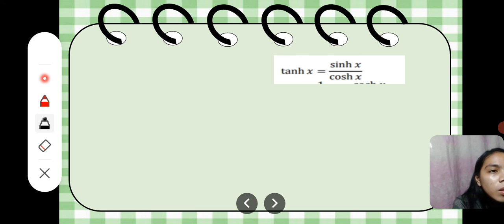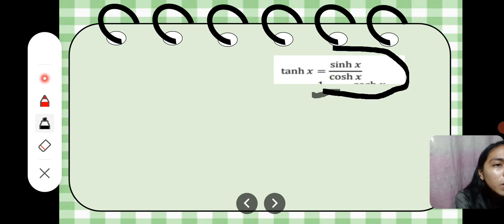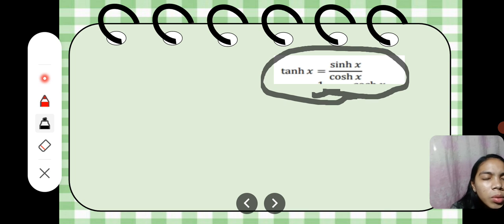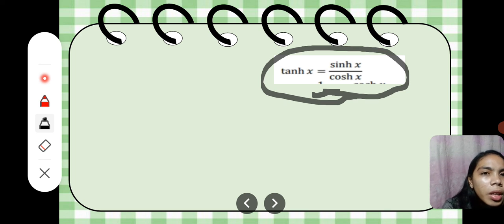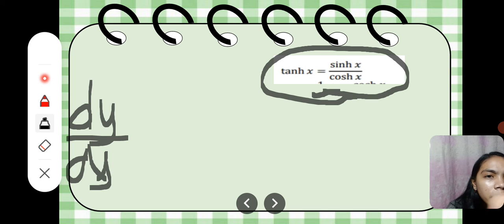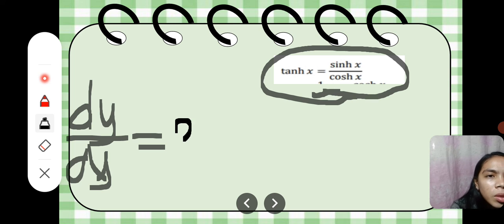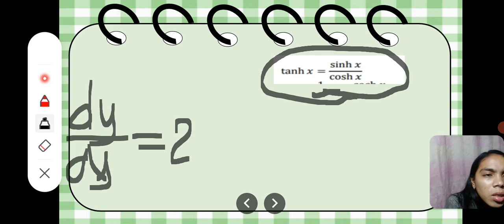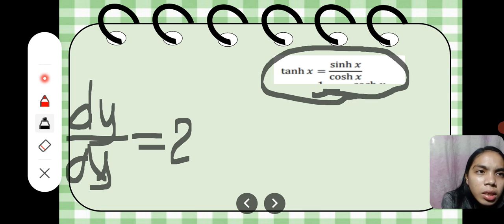This is the identity for our answer. Our final answer will be dy over dx is equal to 2 times, and the hyperbolic identity for hyperbolic sine 2x over hyperbolic cosine 2x is hyperbolic tangent 2x.